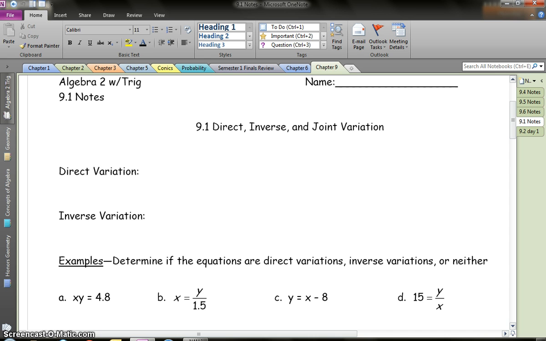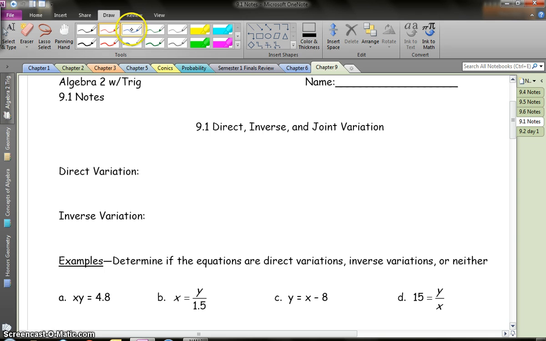All right, now 9-1 is direct, inverse, and joint variation. So to start, let's talk about direct variation. Now, we did this back in Chapter 2, if you remember.